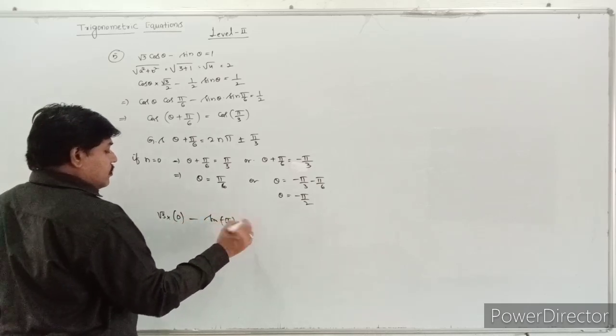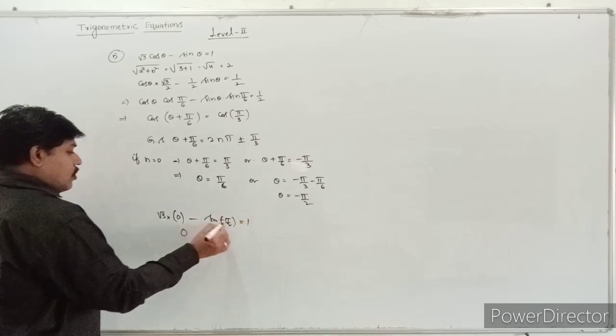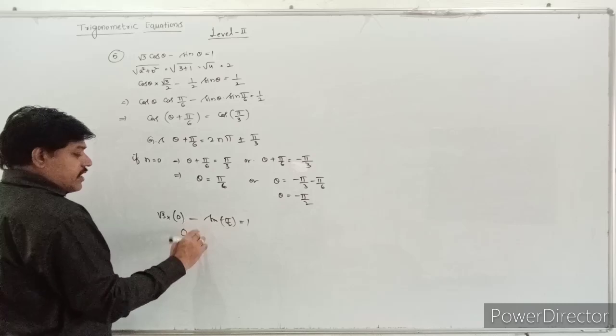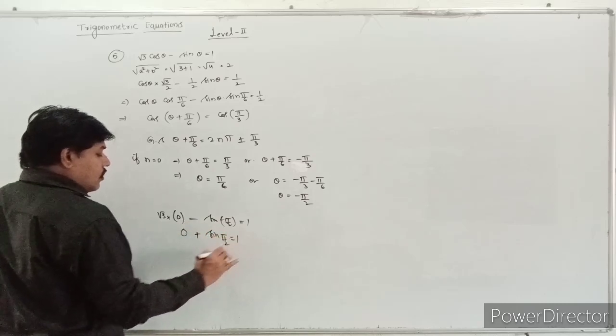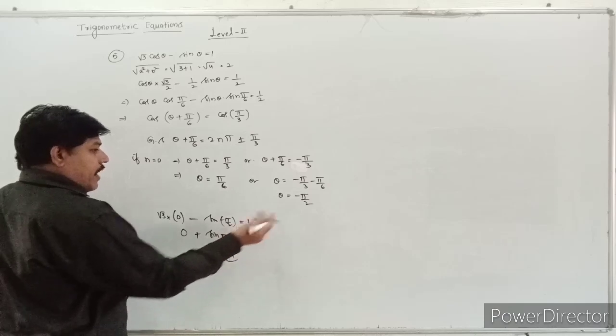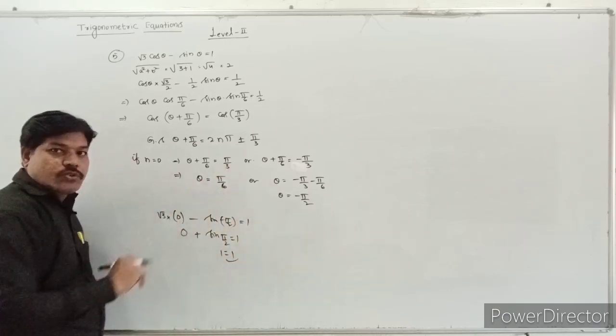Sine of minus theta is minus sine theta, so it will become sine pi by 2. So that is equal to 1. 1 is equal to 1. So minus pi by 2 is also a solution, it also satisfies, but in the options only one solution is given.